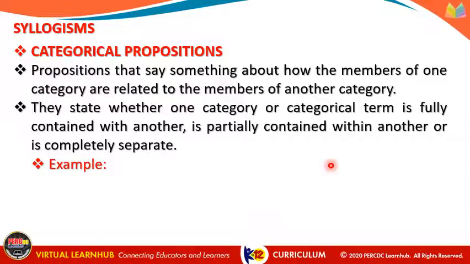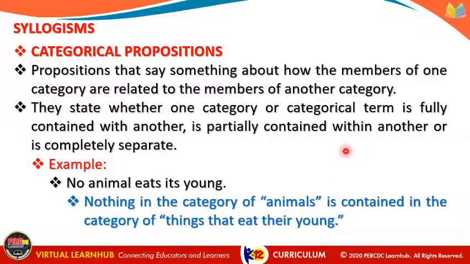Let's have another example. No animal eats its young. We have two categories here: the category of animal and the category of things that eat their young. What does this categorical proposition say? It says that nothing in the category of animals is contained in the category of things that eat their young.